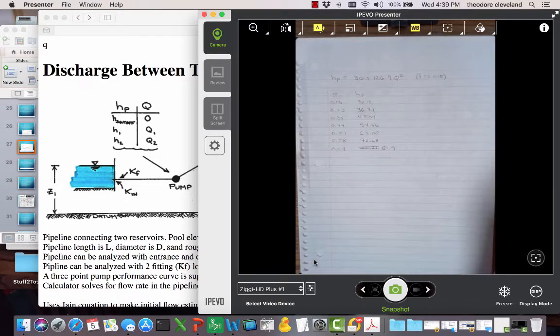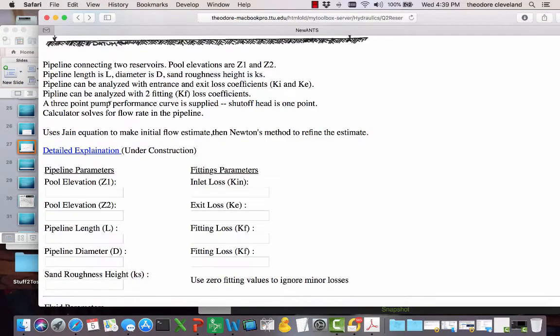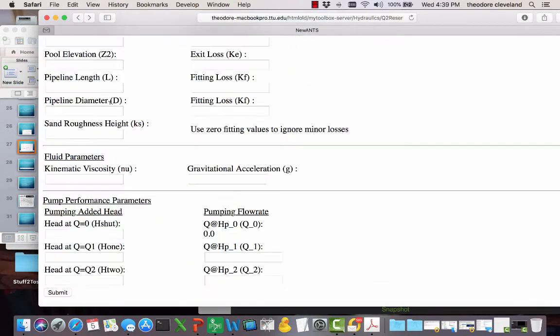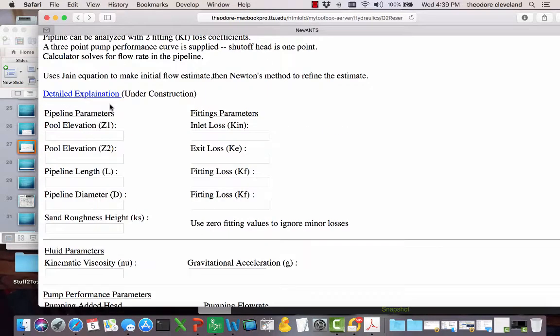But let's say we're lazy, like I am, and we have this cool online tool. How can we trick this into doing our bidding for us? Well, we know the left pool elevation is 200 meters. The inlet loss coefficient was 0.3. The pool elevation on the right was 230 meters. The exit loss was 1.0.